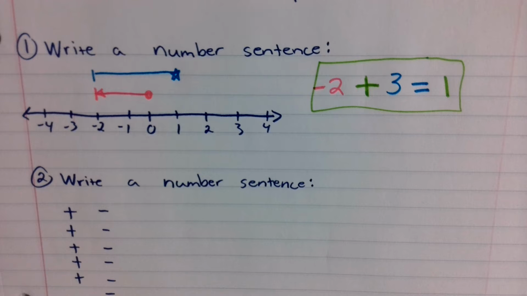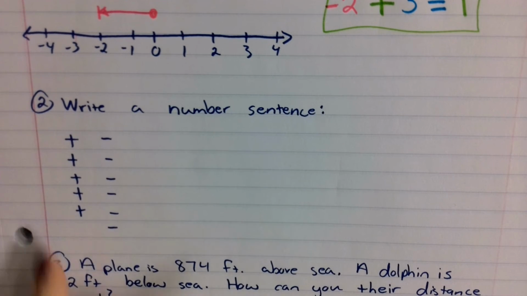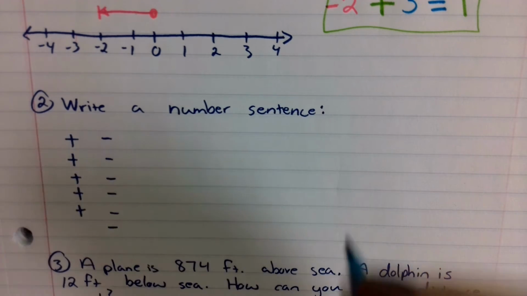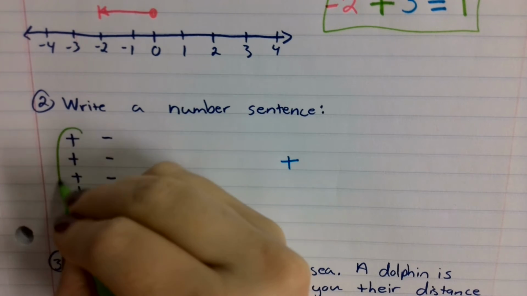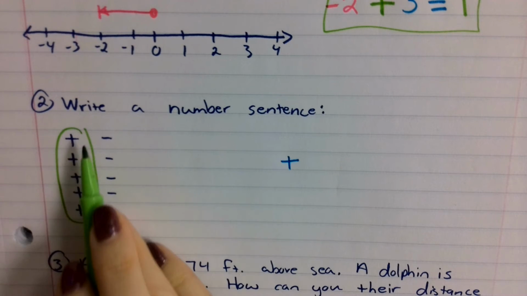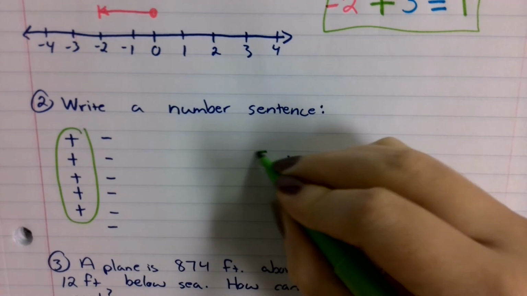For problem number 2, writing a number sentence using those counters. Remember, again, it is an addition problem. The first number is a positive 5, because we have 5 positive counters.